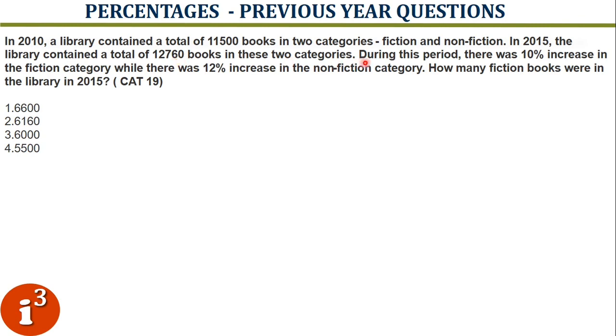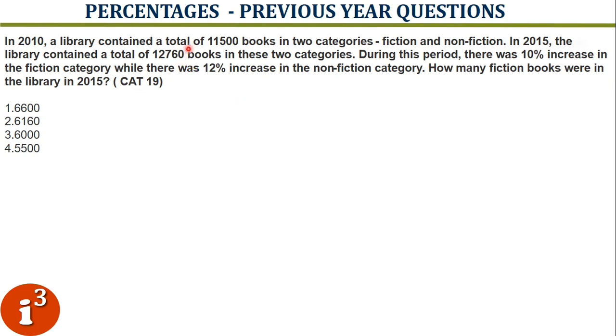During this period, there was a 10% increase in the fiction category, while the non-fiction category increased by 12%. How many fiction books were there in the year 2015?